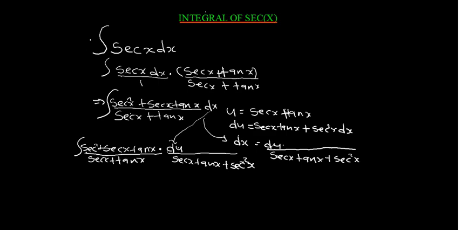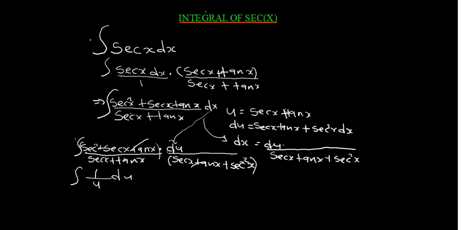We realize that this thing and this thing are the same, so we cancel them. This and this go, so we remain with the integral of 1 over u, because what is down here is our u, remember. So we say du, like that.